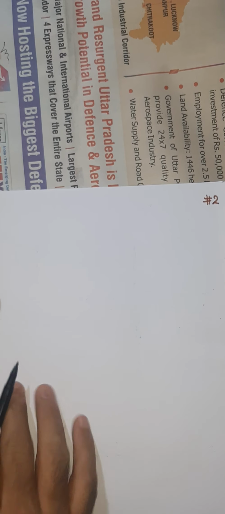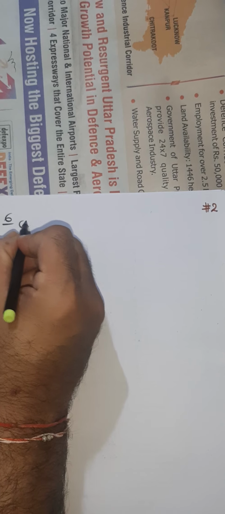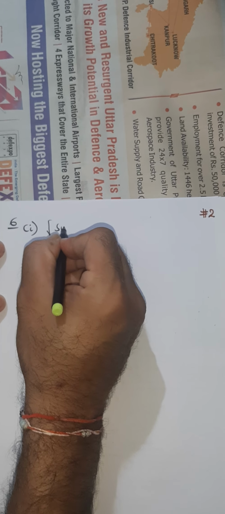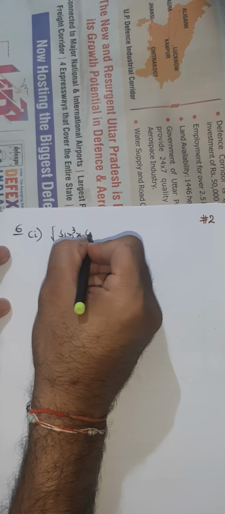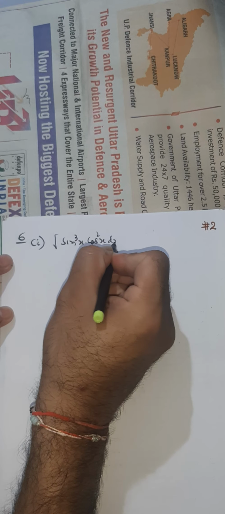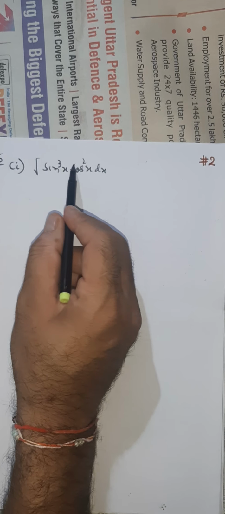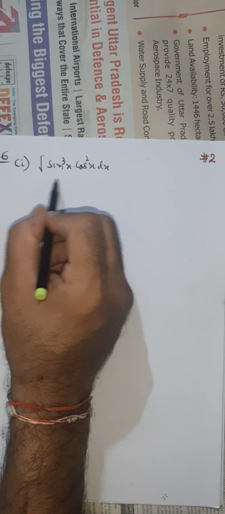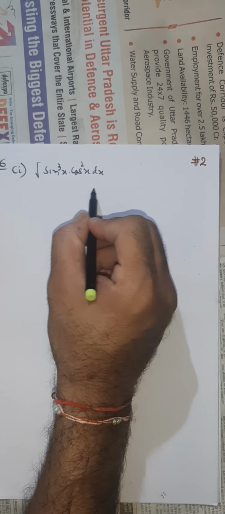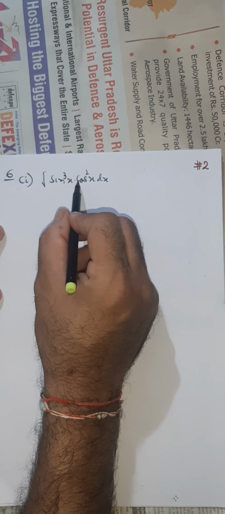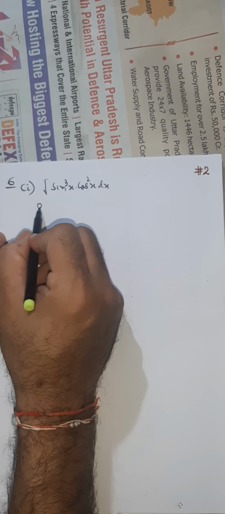Okay. Now next I'll go to example number 6. In the sixth example, you have a product in the first sub question. Let's see. Sine cube into cos square dx. Now if you have a product of sine and cosine with integer powers, normally you should put the function where the power is even.